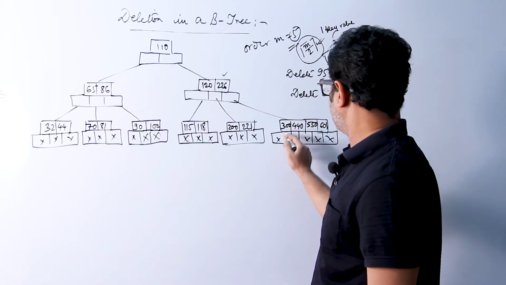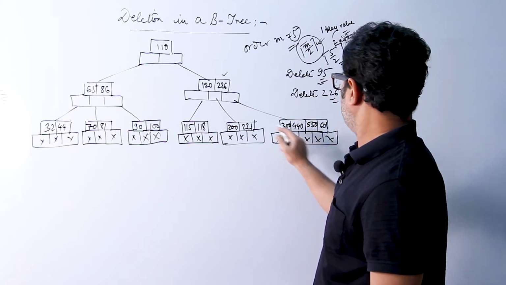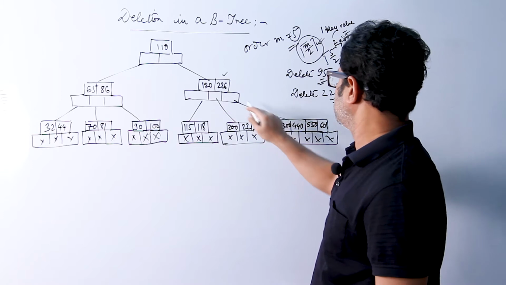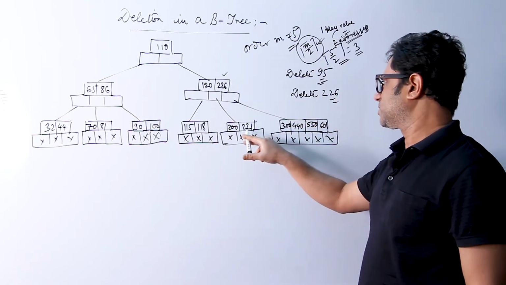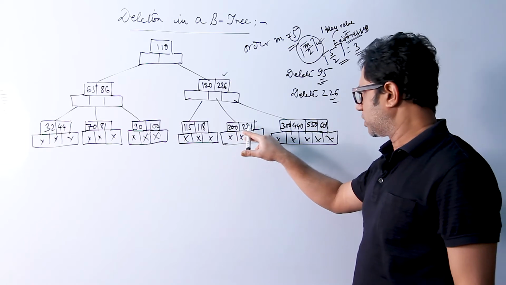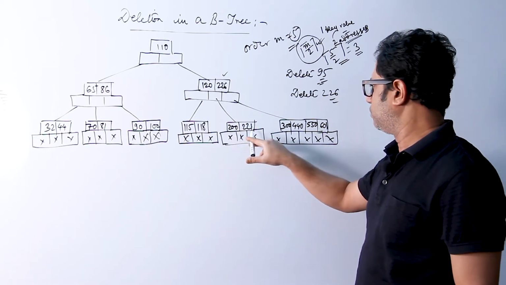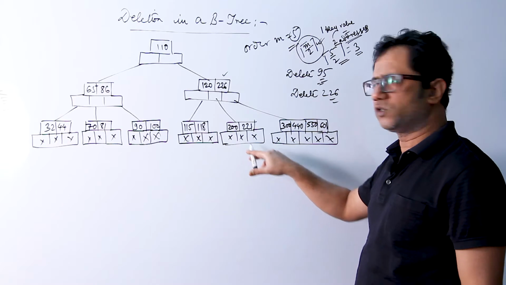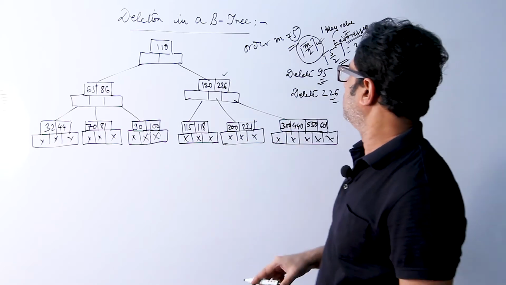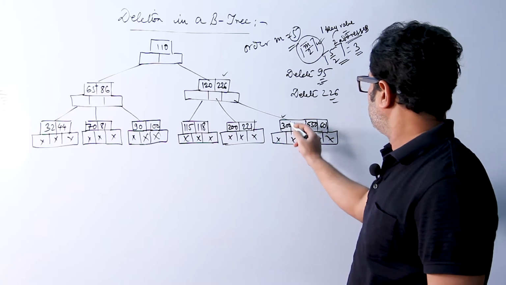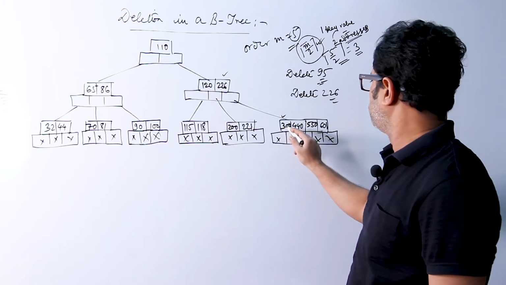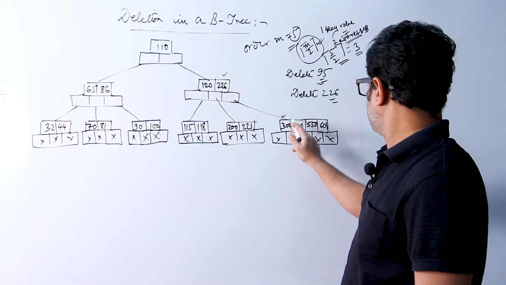We will take a value which is the least value from the right subtree of 226. The greatest value from the left subtree cannot be taken because it will leave us with 2 child nodes, which will violate the basic principle of B tree. So, we will take this least value from the right subtree of 226 and see over here that there are 4 values.